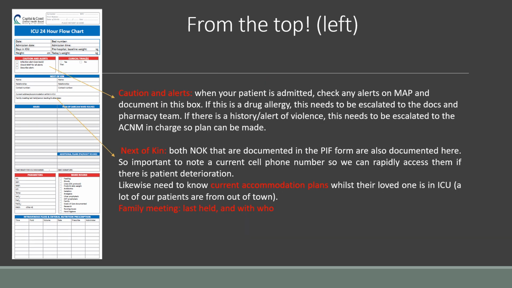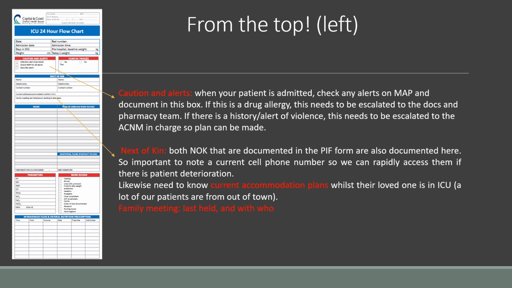Just moving down, you can see two boxes there in red. The cautions and alerts are shaded in red because they're very important. So what we're expecting is that every patient that is admitted, we need to check for any alerts on MAP, and we document what that alert is in the box.